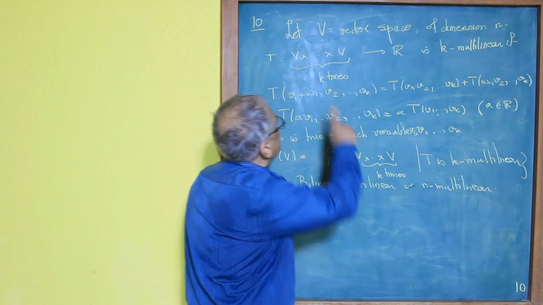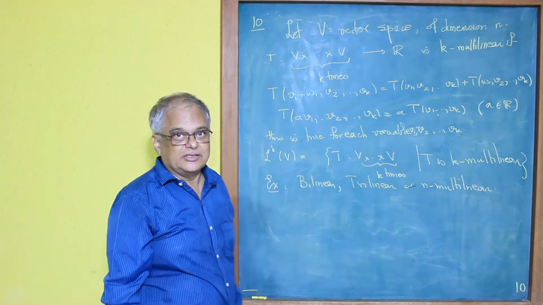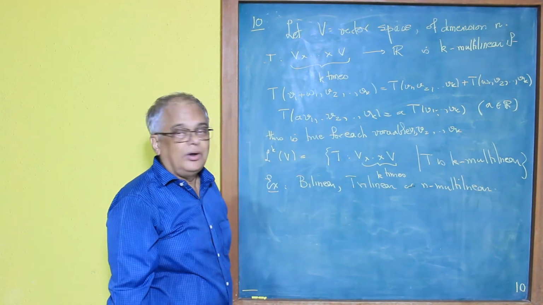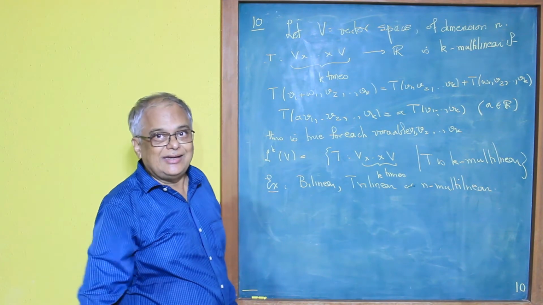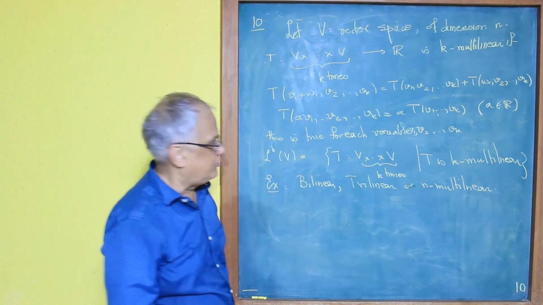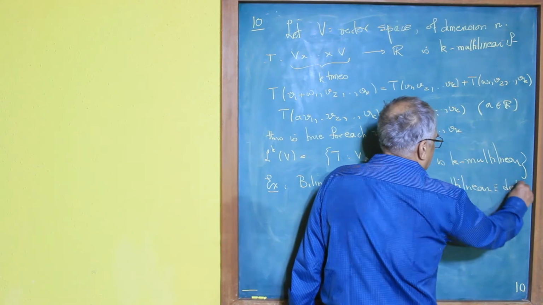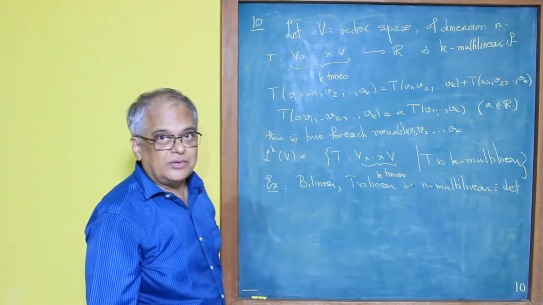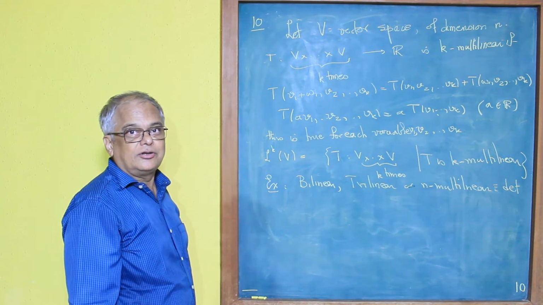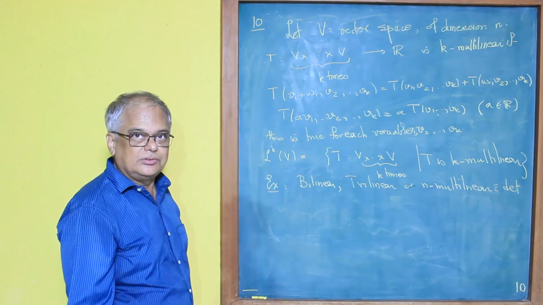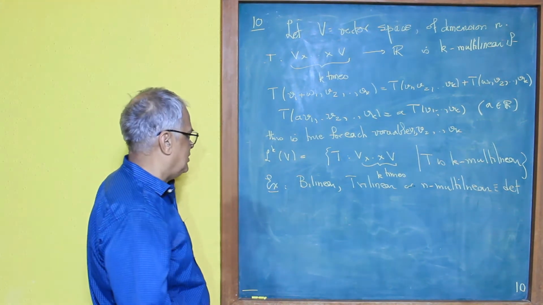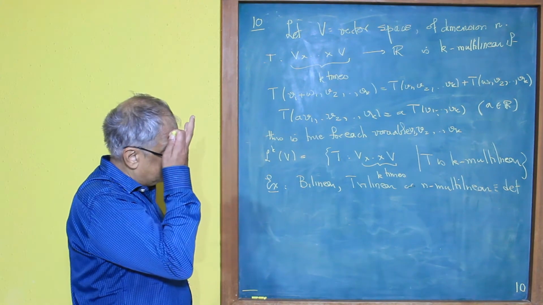Remember, V is an n-dimensional vector space. An n-multilinear map on V cross V cross V, n times, to R. The example we had was the determinant. The determinant is a function on Rn cross Rn cross Rn, n times, to R. So this is an example of a k-multilinear map.